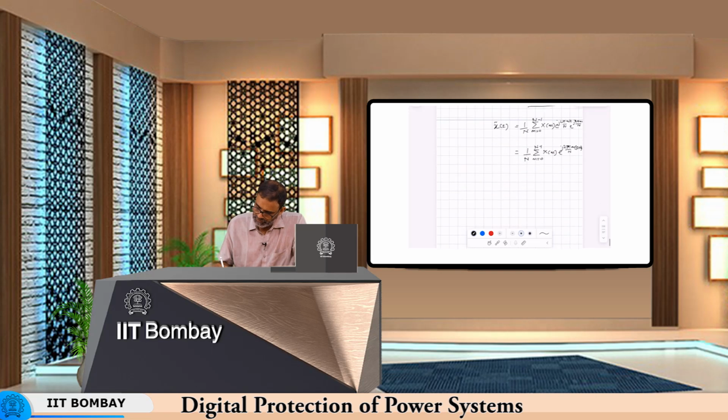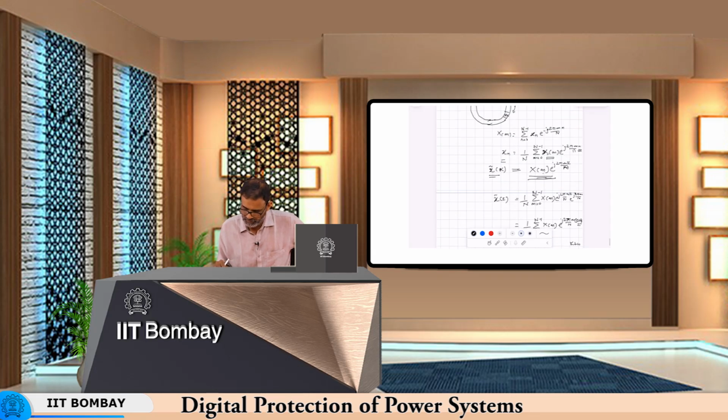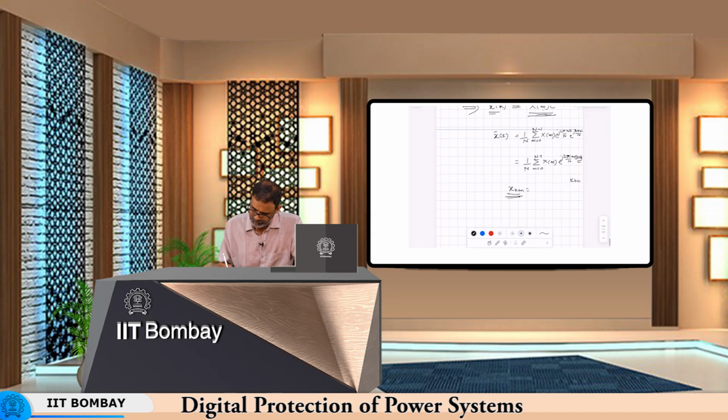So, if this is k plus n, we are getting back x of k plus n, that is the proof. Okay. So, if we have a shifted sequence x of k plus n, the DFT is given by this.